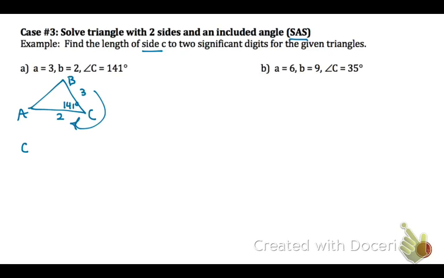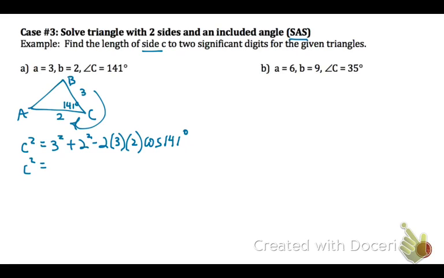So we're going to say C squared equals A squared, which is 3 squared, plus B squared, which is 2 squared, minus 2 times my side length A, which is 3, times B, which is 2, times the cosine of 141 degrees. Now pick up your calculator and put that in. I just do it all at once: 3 squared plus 2 squared minus 2 times 3 times 2 times the cosine of 141.